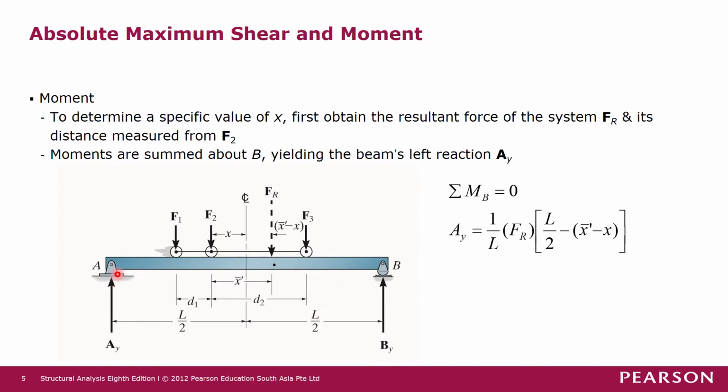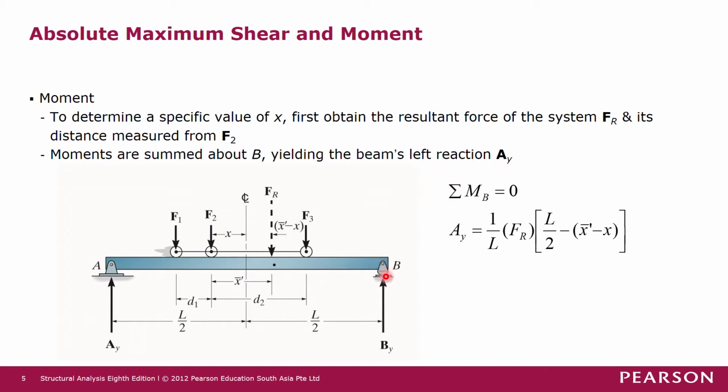Now to find AY, we assume that AY is in the upward direction, and we can sum moment at point B.